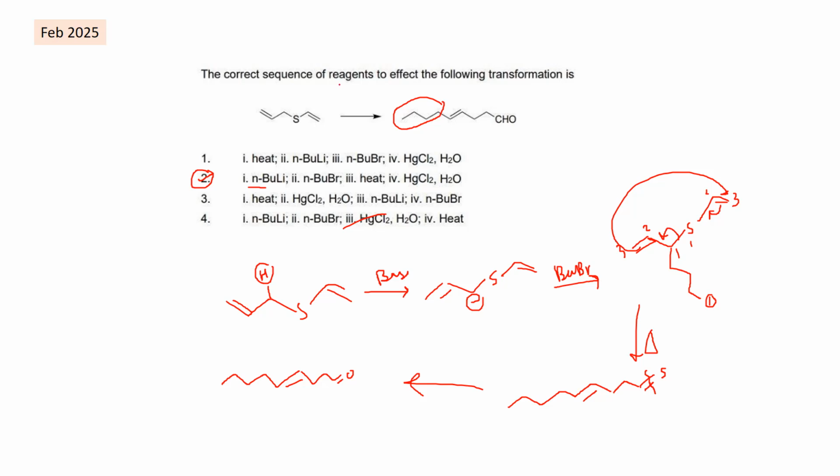So before breaking this system, we have to enter that one, and that's why we go with option 2, because there is a chance of deprotonation and butyl addition. After that we can perform the sigmatropic reaction and then a deprotection. I hope it's clear. It was an interesting one. Let's go to the next question.